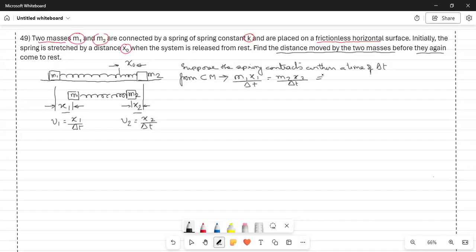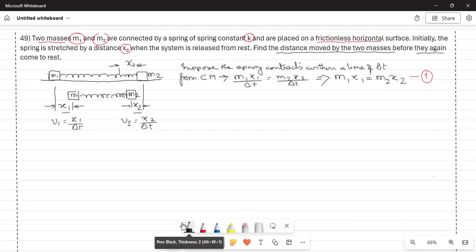From here we get a simple relation, M1 x1 is equal to M2 x2. This is the relation that we need later on. So let us give it the name equation 1.